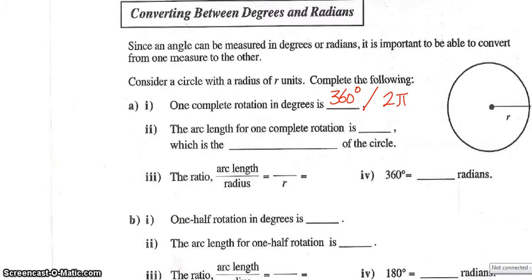If you don't like the word pi, this is an exact answer. You can also say it's roughly, pi is 3.14, times 2 is about 6.28. So radian is not only a new unit, it's also usually written in terms of pi. It could also be written as a decimal. So maybe that's the complexity that it has.